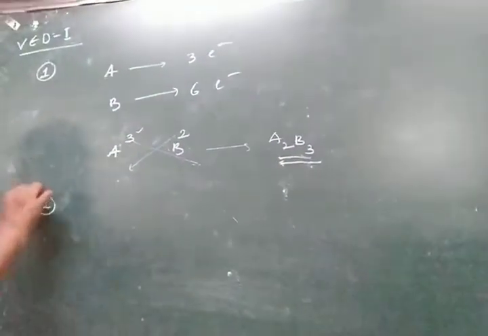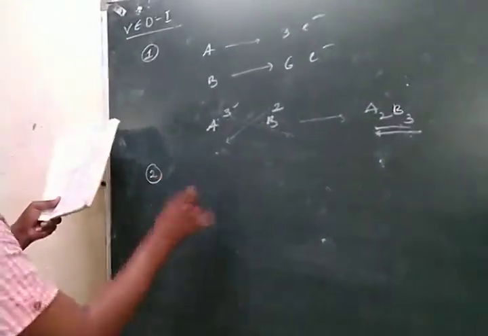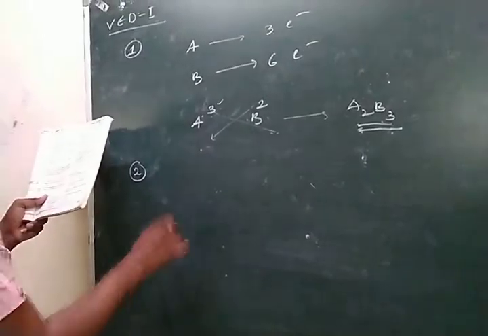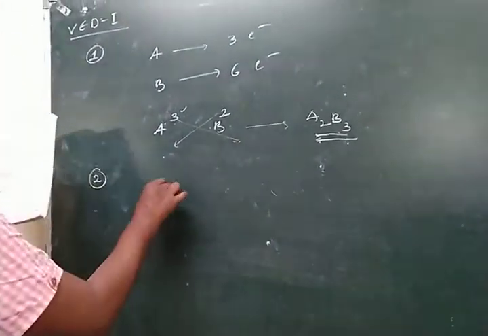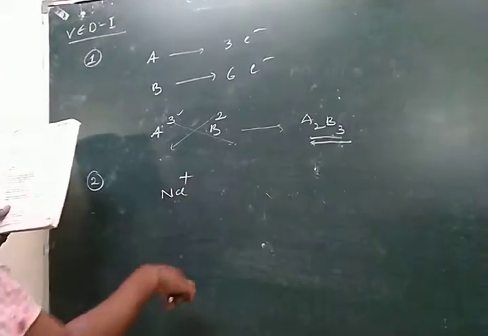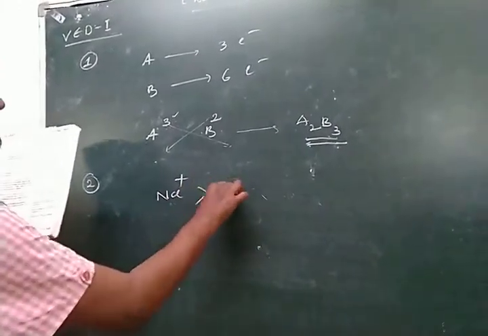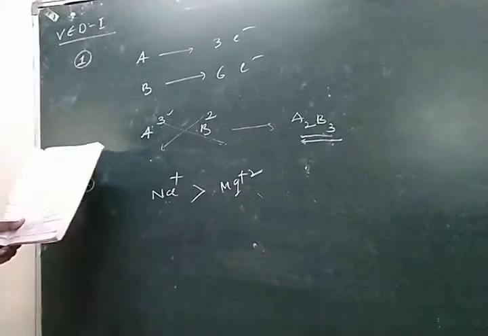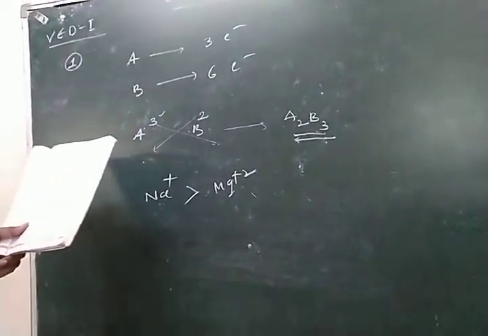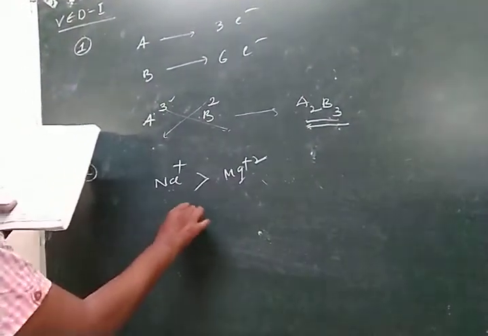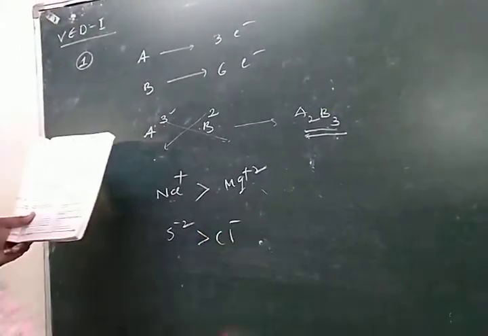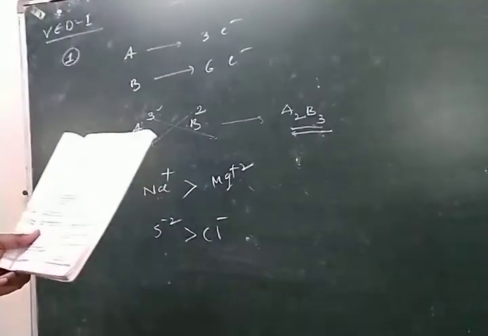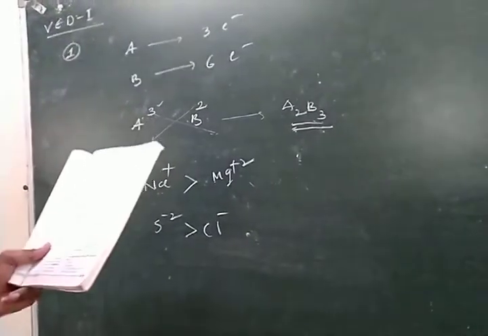Next question, question number 2. If the Na+ ion is larger than the Mg2+ ion, and the S2- ion is larger than the Cl- ion, which of the following will be least soluble in water?